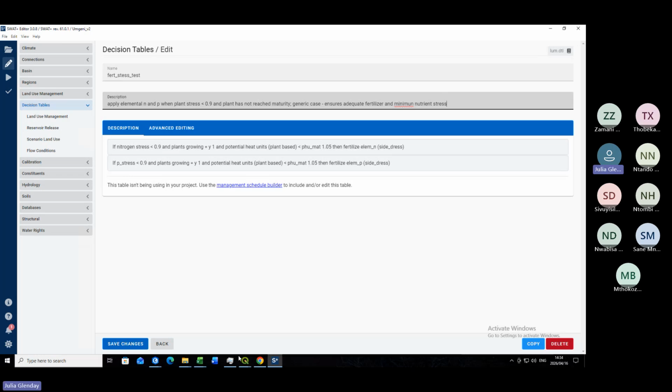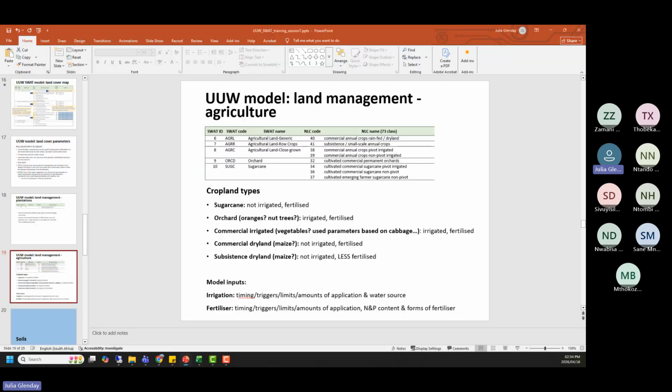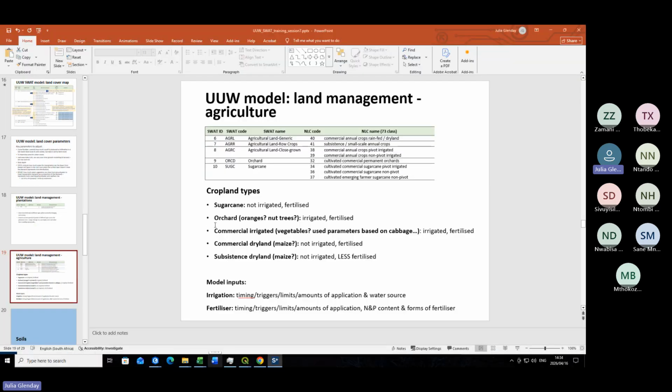So in our model, we can come up with an annual cycle for what's on each type. The types that have been mapped individually are commercial irrigated, commercial dryland, and subsistence dryland.